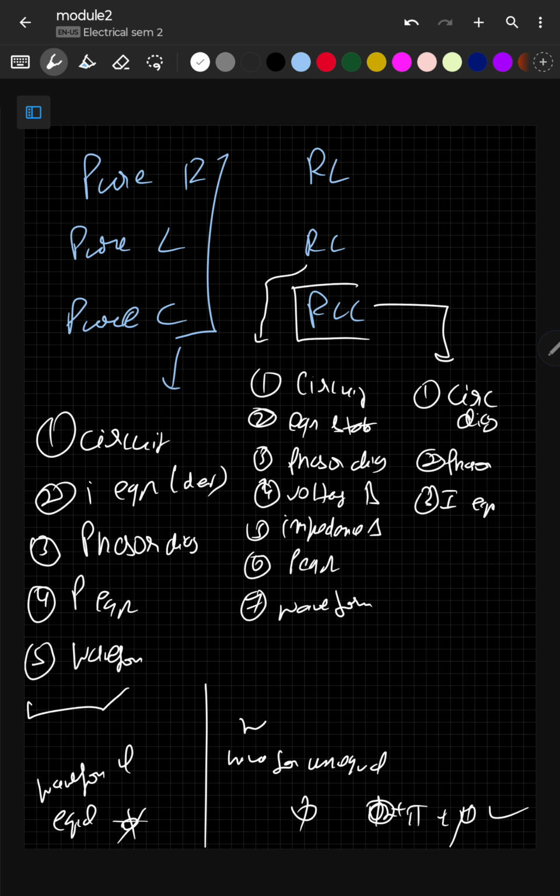So current equation, phasor diagram according to that, and then the voltage triangle, impedance triangle. There is no power equation, only the waveform after that. This is what I have written: circuit diagram, phasor diagram, current equation, voltage equation, impedance triangle and waveform.